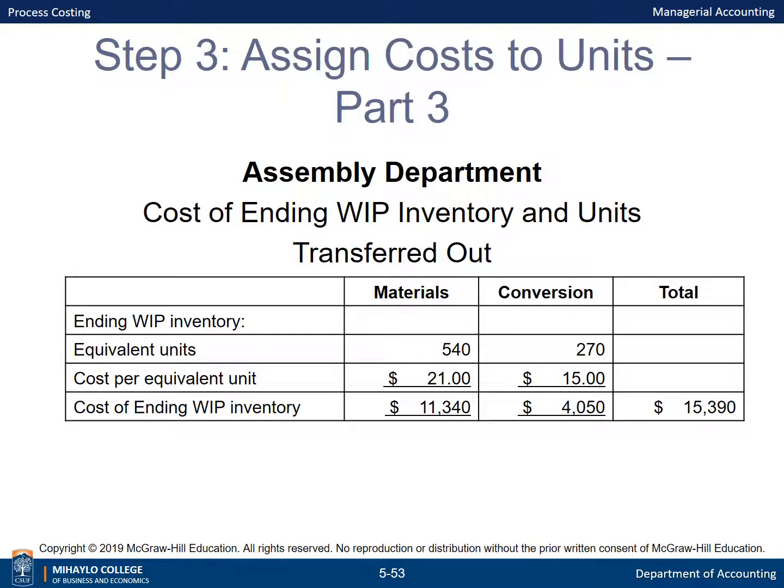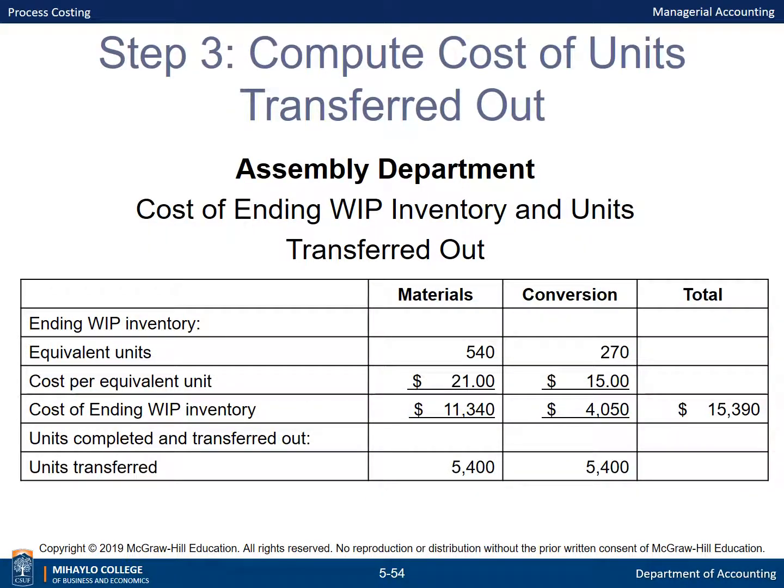The cost of ending work in process inventory is computed by multiplying the equivalent units times the cost per equivalent unit. The result is $11,340 for materials, $4,050 for conversion, and $15,390 in total.